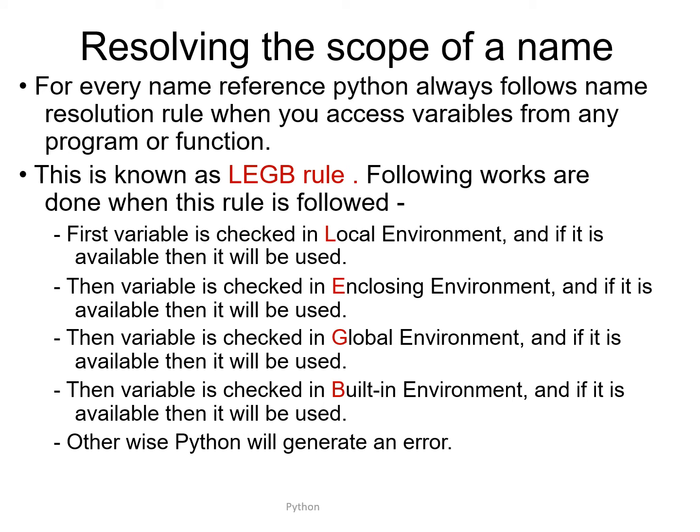It means first the compiler searches in the local environment. If it is found, it will be used. If it is not found in the local environment, then it moves to the enclosing environment, then the global environment, and at last the built-in environment.